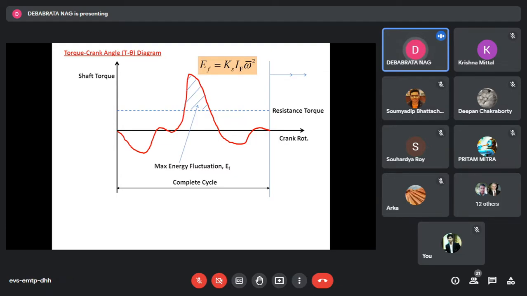One is called the suction process, then we have the combustion process, then the expansion process, and finally the exhaust process. So the entire 4 processes comprise a thermodynamic cycle. So this is a complete thermodynamic cycle.